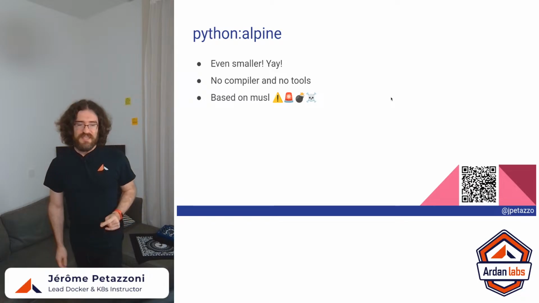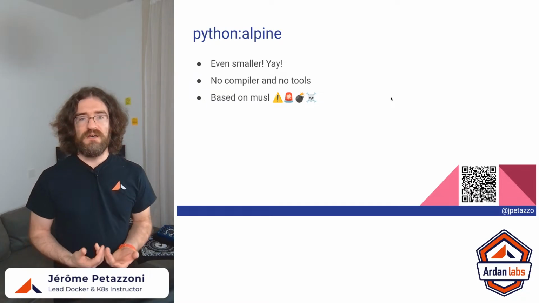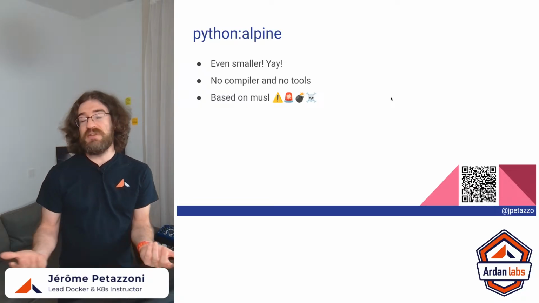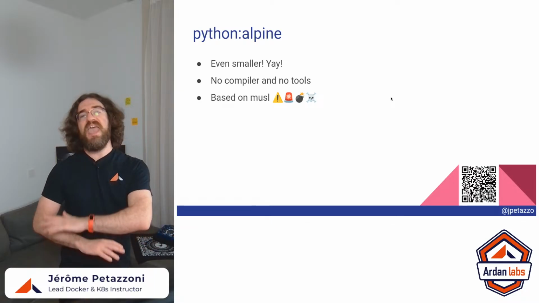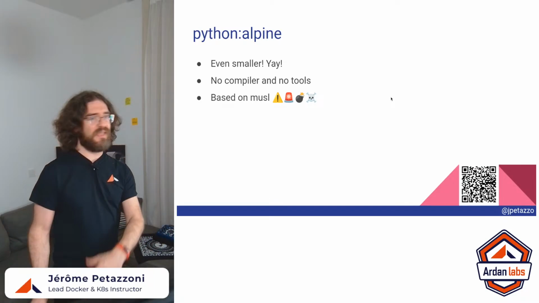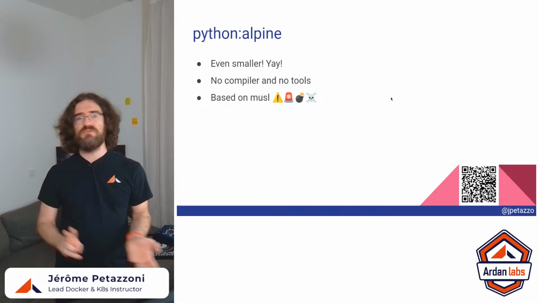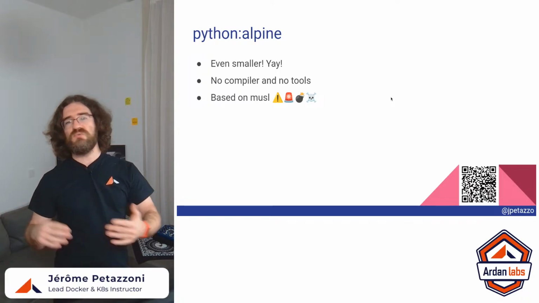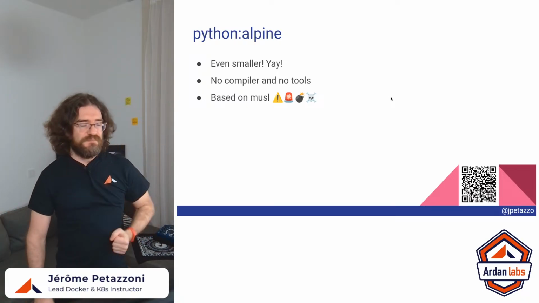That means that if I take a program that I've compiled for a GNU-libc system. And by the way, when I say glibc system, it basically means every Linux except Alpine, to simplify a little bit. CentOS, all the Red Hat stuff, Debian, Ubuntu, Gentoo, Arch Linux, they all use glibc.